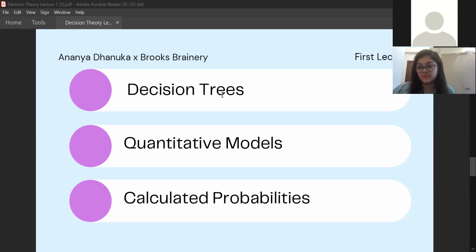And probability helps you do that in a numerical sense, so that you can actually support the hypothesis that you have. So I'm assuming that there's maybe a 20% chance that it will rain in Gurgaon today. What am I basing that 20% on? The historical trends, and then I compute the probability of it raining today. So that's essentially what calculated probabilities are.